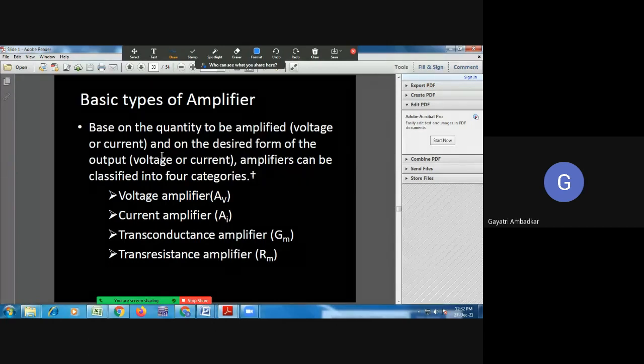Okay, negative feedback has its special application as an amplifier, whereas we use positive feedback in oscillator. ऑसिलेटर मध्ये कुठला फीडबॅक वापरतो? पॉझिटिव्ह फीडबॅक. आणि एम्प्लिफायर मध्ये नेगेटिव्ह फीडबॅक. So there are 4 basic types of amplifier: voltage amplifier, current amplifier, trans conductance, and trans resistance.